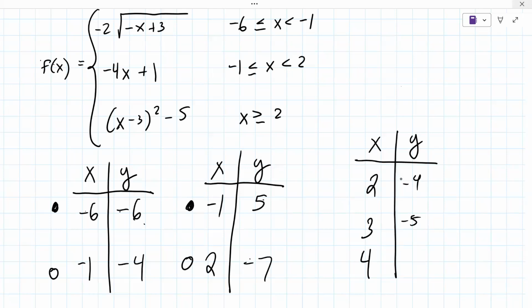That's going to be -6. It is not -6. Try again. -4. Good.